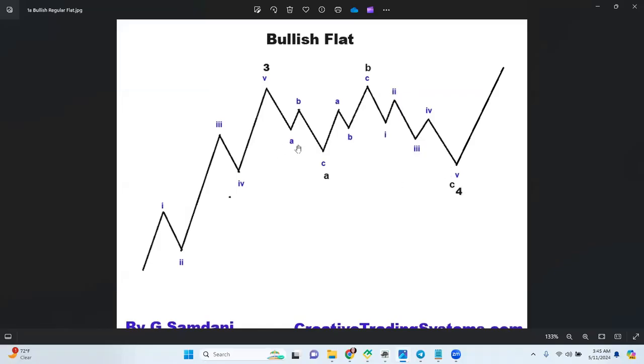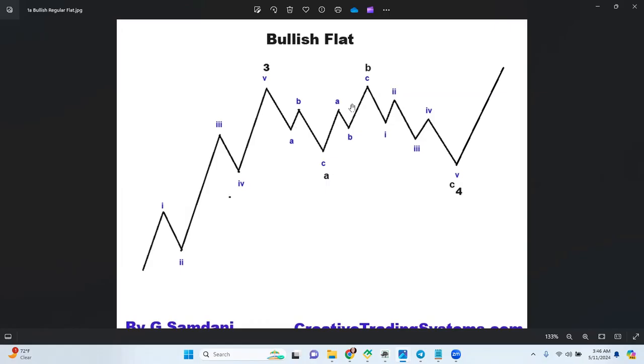It has three subwaves for wave A, three subwaves for wave B, and five subwaves in wave C. That's why wave C is a little bit bigger than wave A and B. Now the characteristic of this is that wave A usually ends around 23% of wave three, right? If you draw the fib from bottom to top, you will see that around 23%, wave A ends.